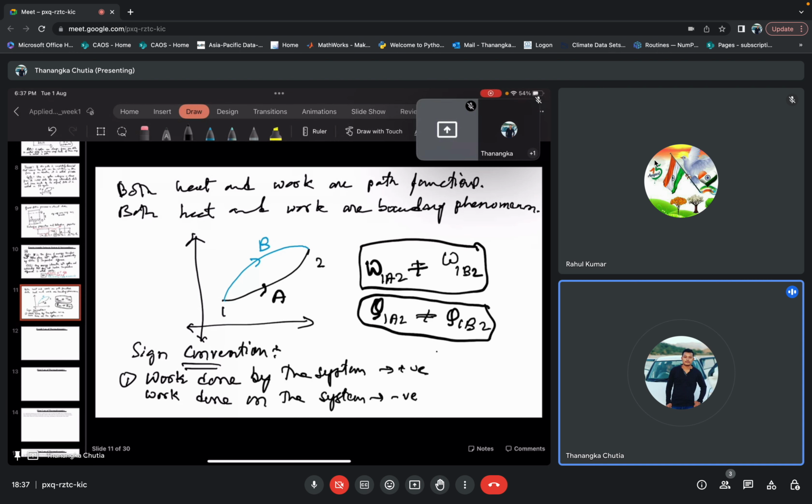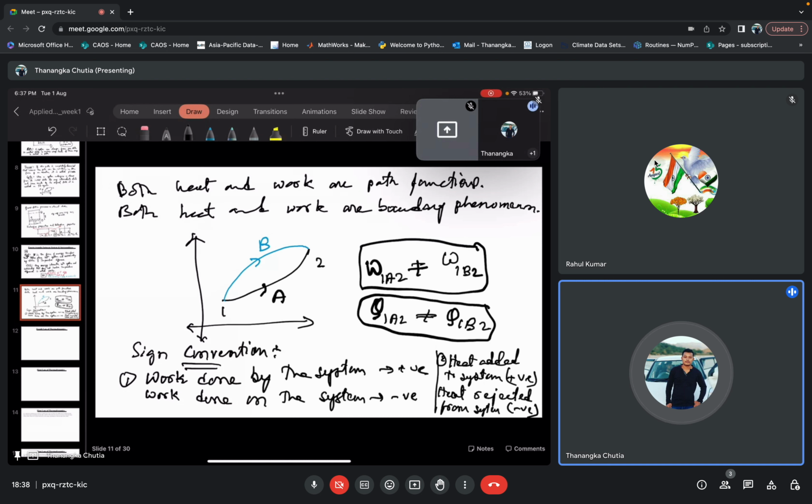And for heat, heat added to the system is positive, and heat rejected from the system is negative. So these are the things to be kept in mind.